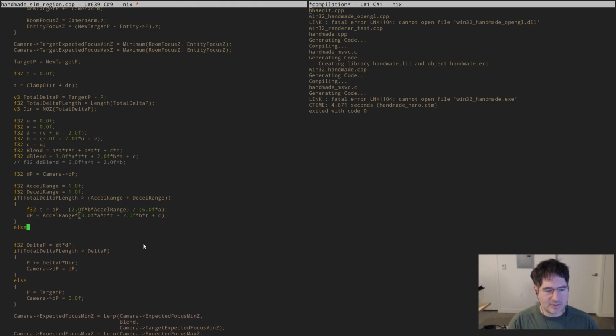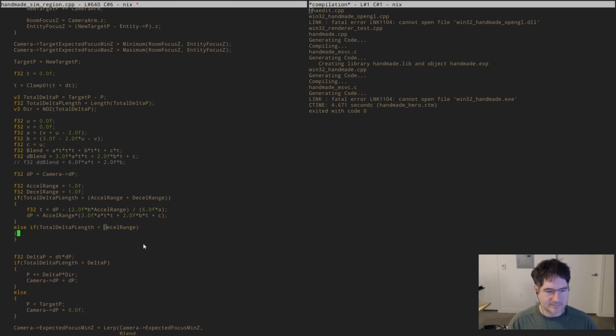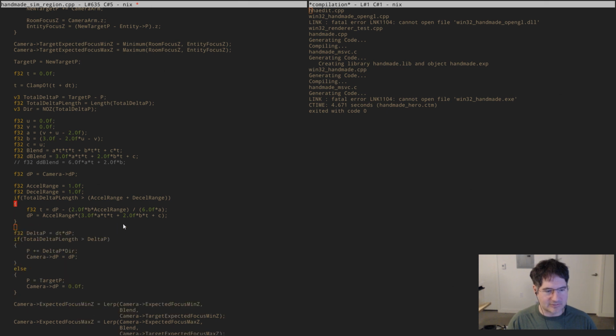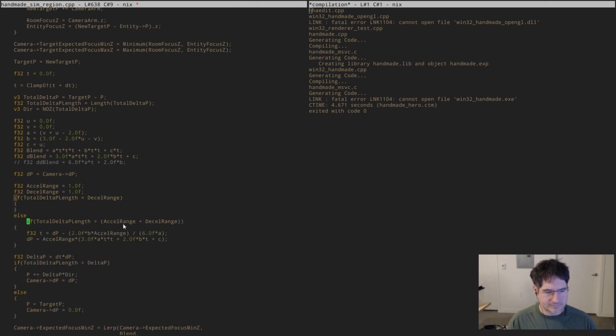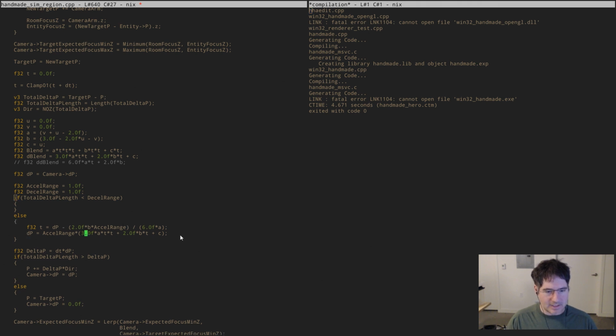And then we would say, well, okay, in the case where the total dp length is actually less than the deceleration range, I mean, I guess we could even say, look, if it's less than the deceleration range, here we're going to do this sort of thing, and then we're going to say, look, as we accelerate this t forward, we know we never want the t to go past 0.5.